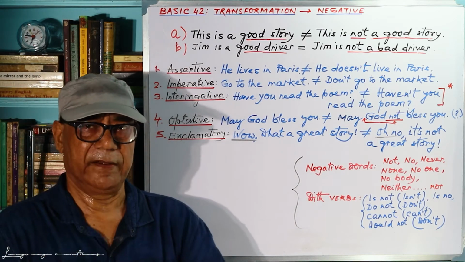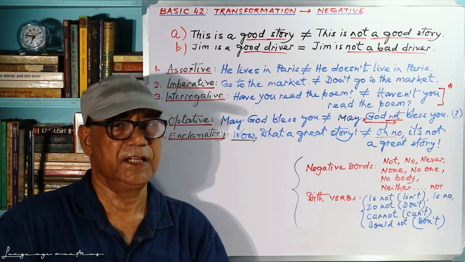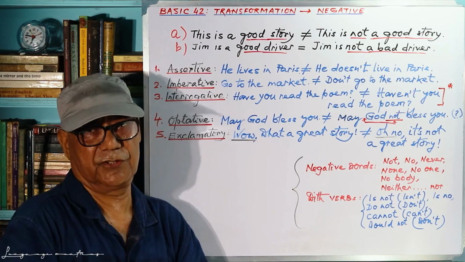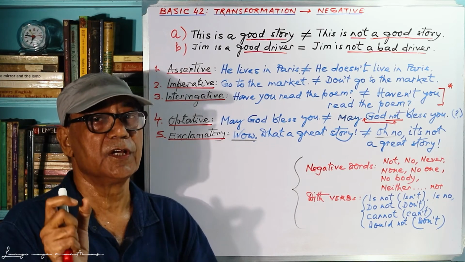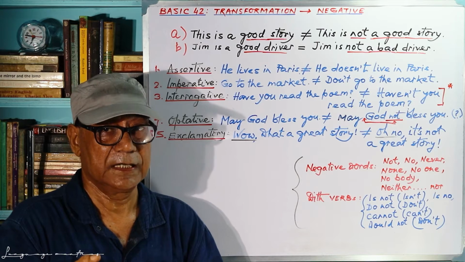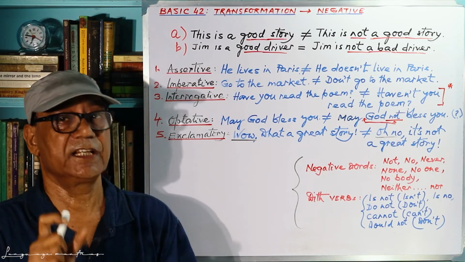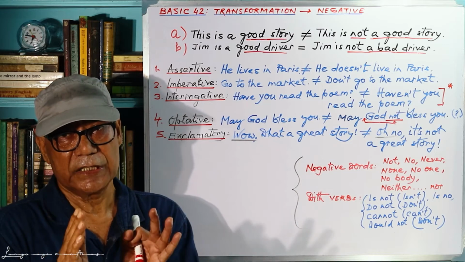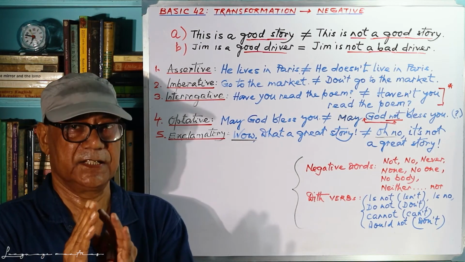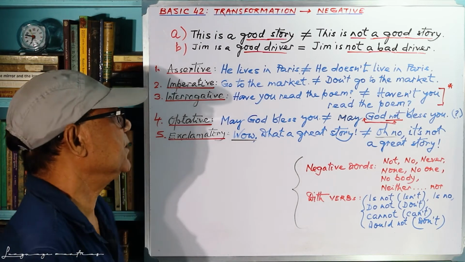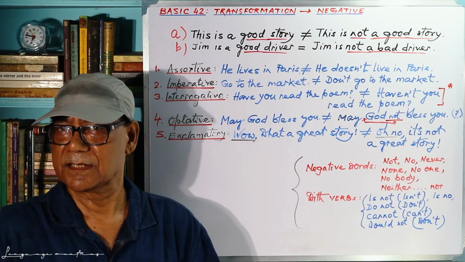He lives in Paris. Very simple. He does not live in Paris. Just use "does not." Does comes here as an auxiliary verb, and not: he does not, or he doesn't live in Paris. I have an idea.